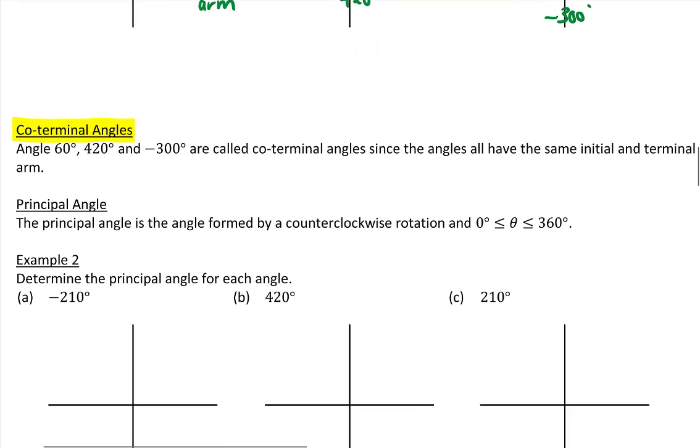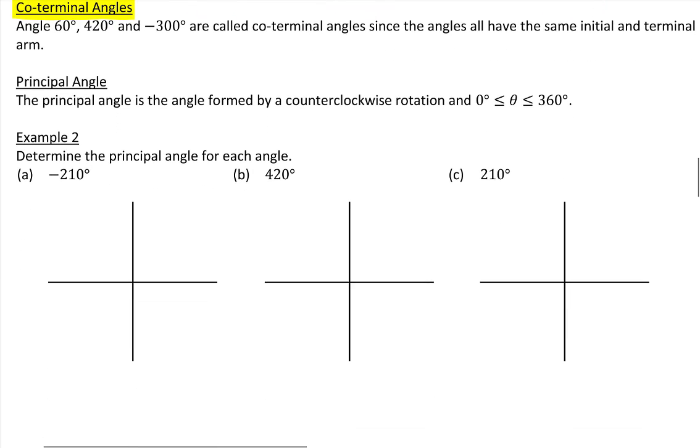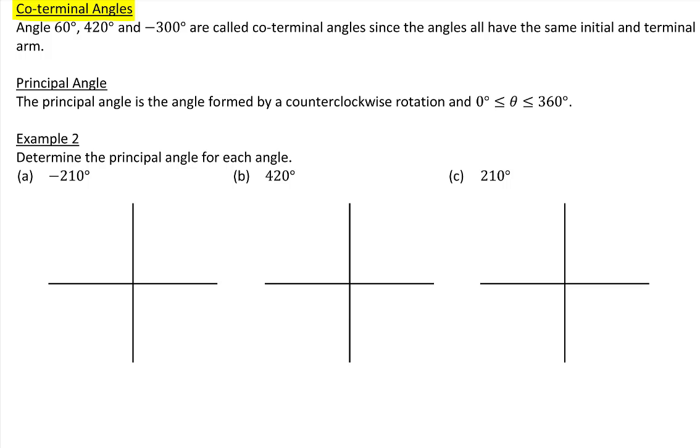Our next definition is a principal angle. A principal angle is an angle formed by a counterclockwise rotation and must be between 0 and 360 degrees. So let's look at how to determine a principal angle. Starting with negative 210.